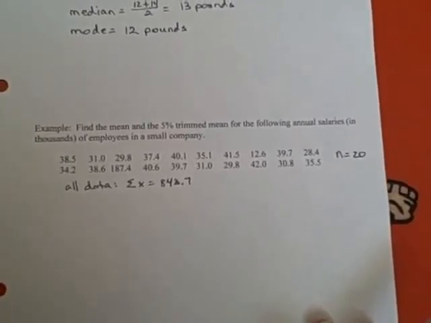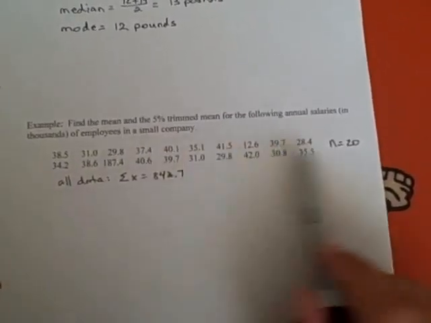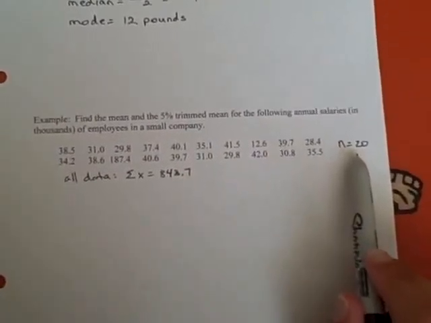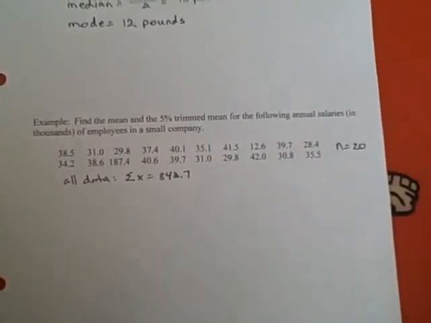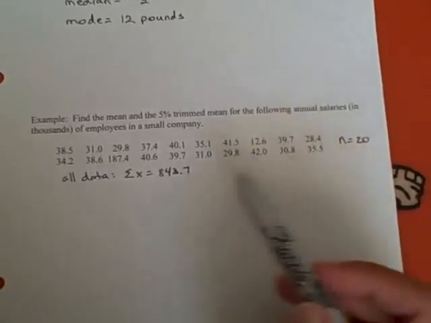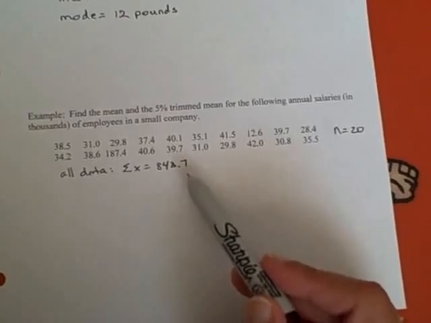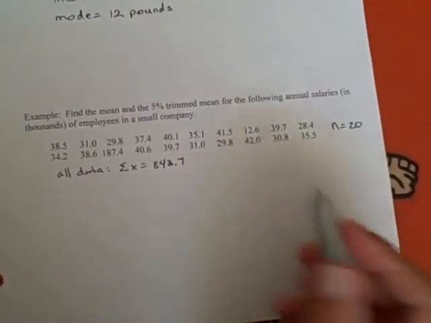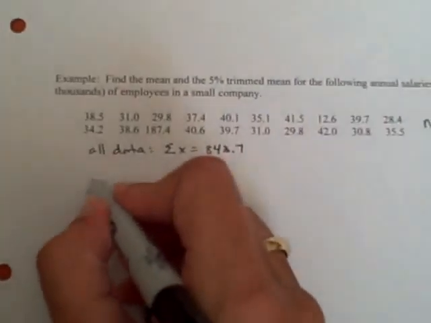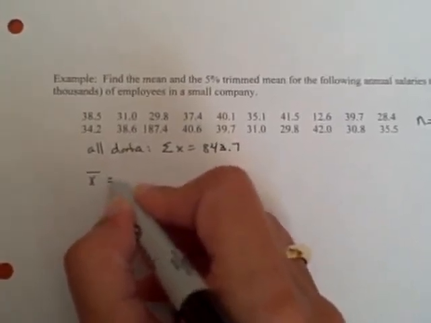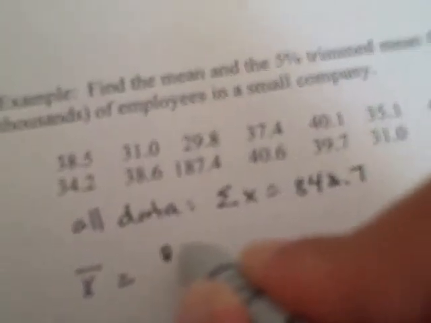Okay, all right. Next example, find the mean and the 5% trimmed mean for the following annual salaries in thousands of employees in a small company. Okay, so there's 20 values here, so we've got 20 salaries, and we just want to find the mean. So again, I added all of these up already and got 843.7. Okay, so to find the sample mean x bar, we're going to take 843.7 and divide it by 20.